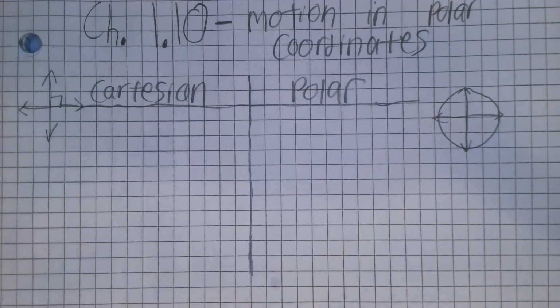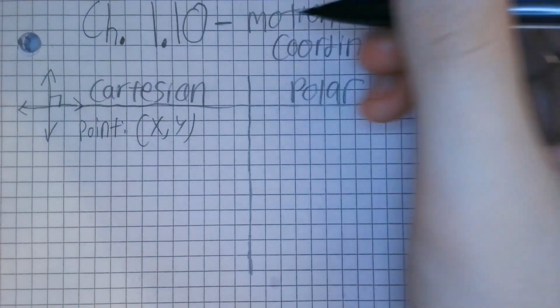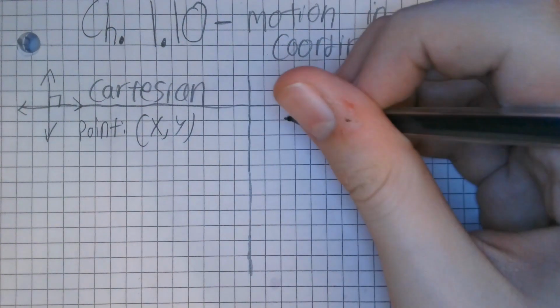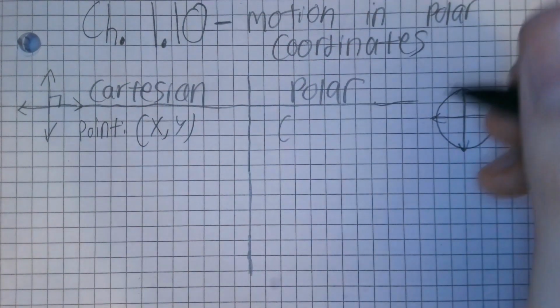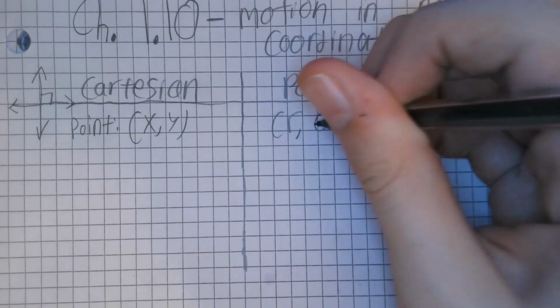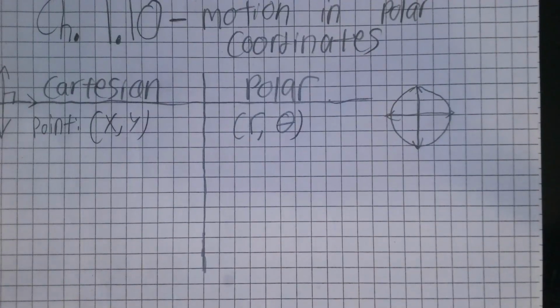Okay, so really quickly, just for a point in the Cartesian coordinate plane, we know that's x comma y. It's called the ordered pair, right? We're used to that. In polar coordinates, it's not too crazily different. It's r comma theta. This might make a little bit more sense if you watched the last video, but I will show you right here.